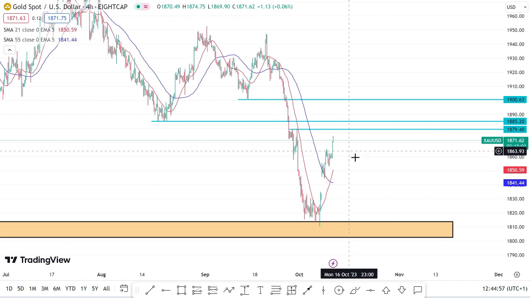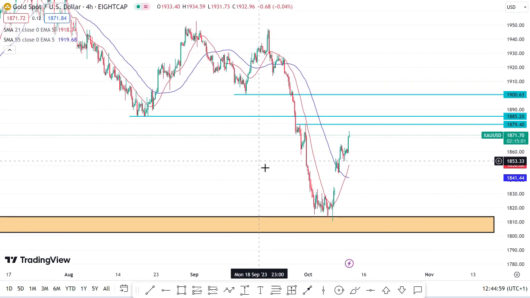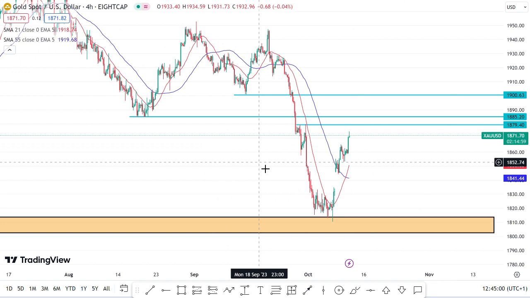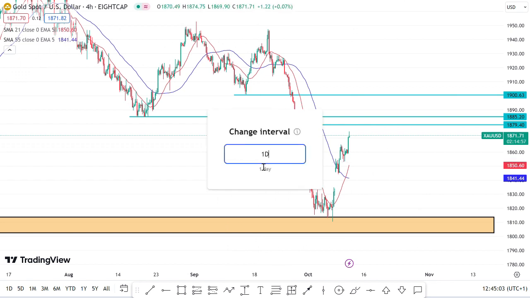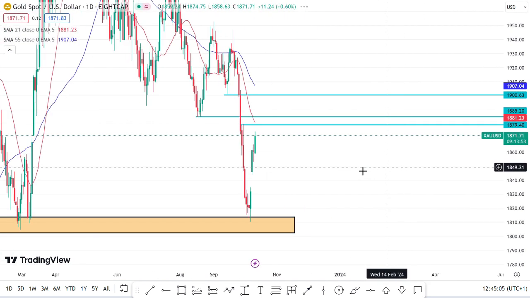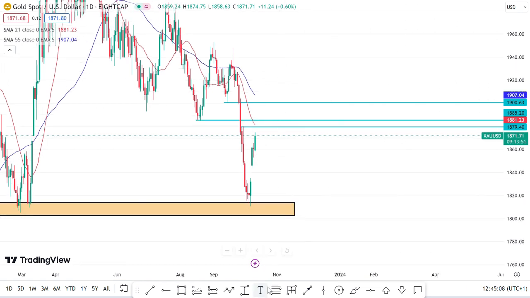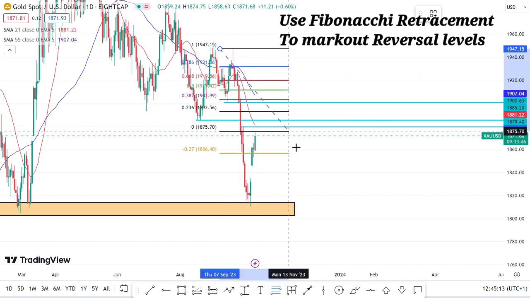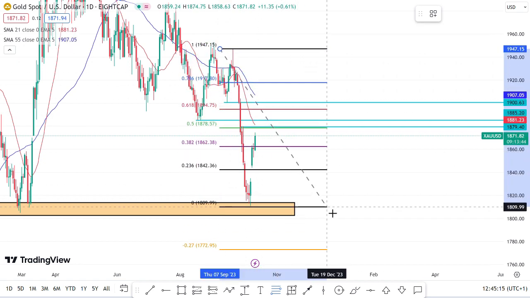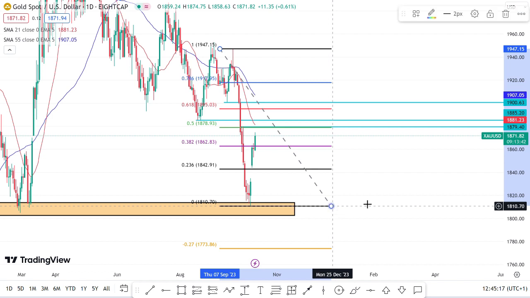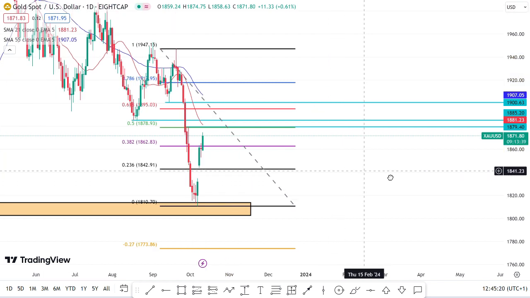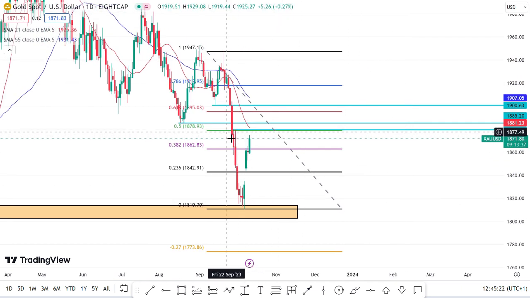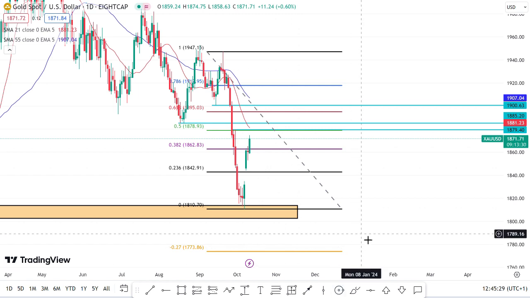Okay guys, so that being said, now I will use my Fibonacci on the daily time frame to know our areas where price is going to give us a reversal pattern, or where price is going to reverse. So this is our Fibonacci, and as you can see, this area I just marked out is the 50% Fibonacci retracement over here.